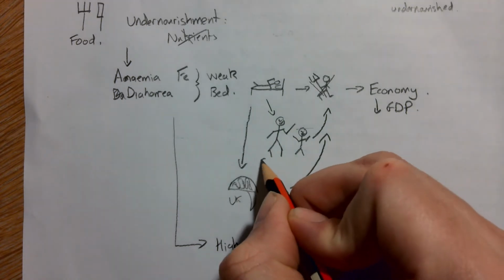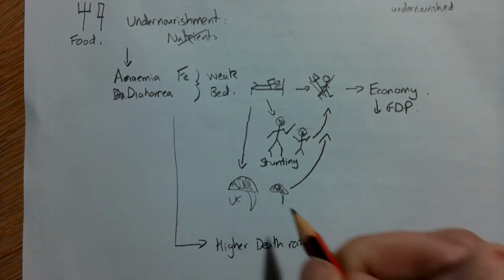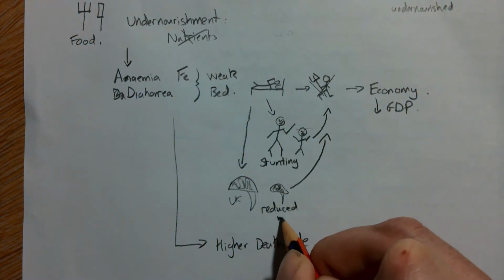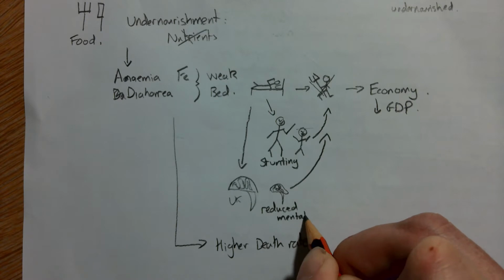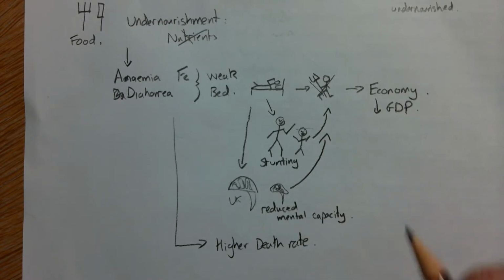That's right, it can lead to stunting and reduced mental capacity. Why is it a problem for a country if many of its people are undernourished and spend more days sick or have stunted growth and reduced mental capacity?